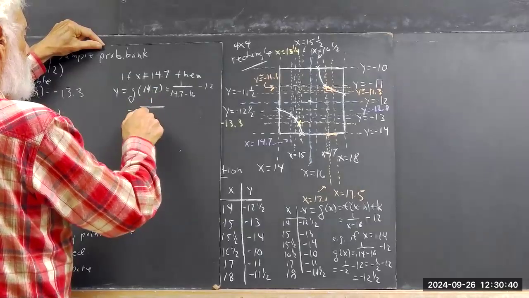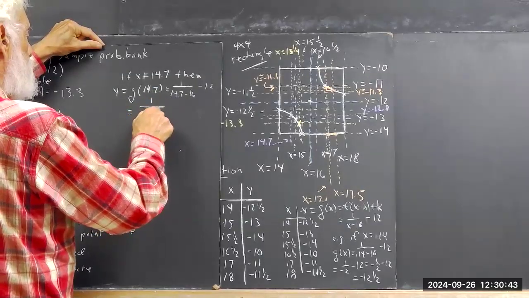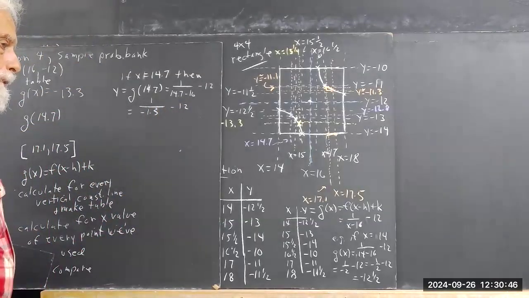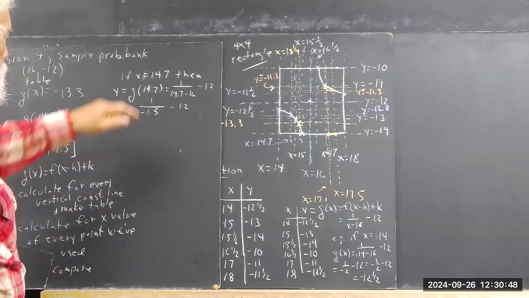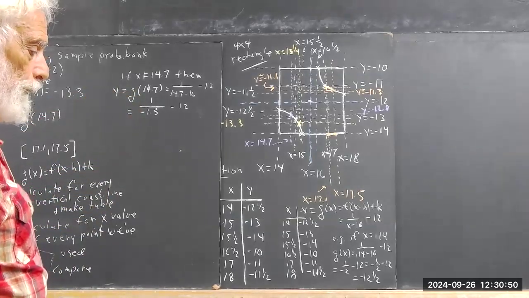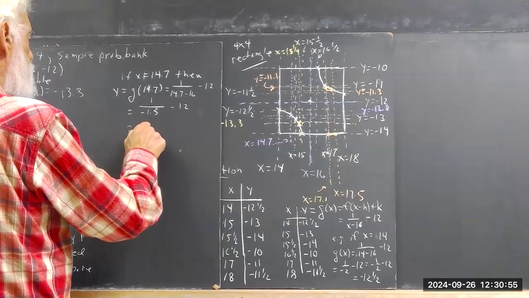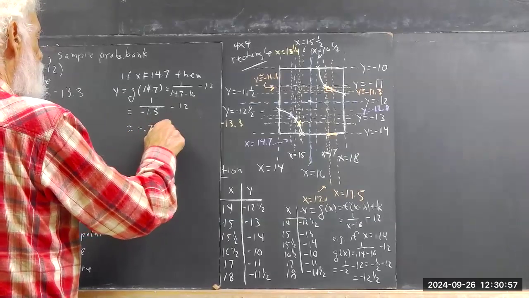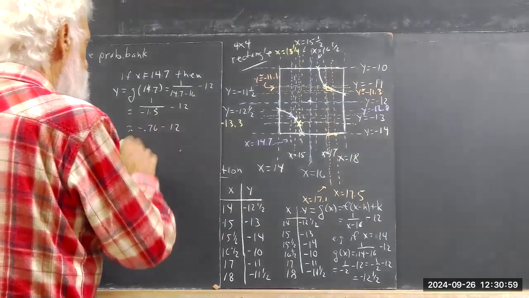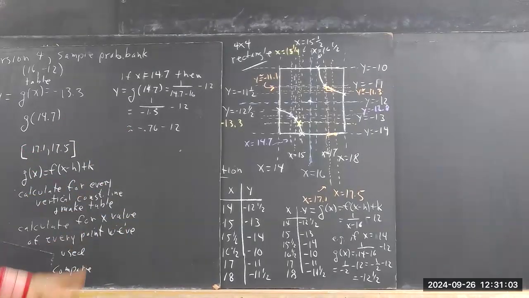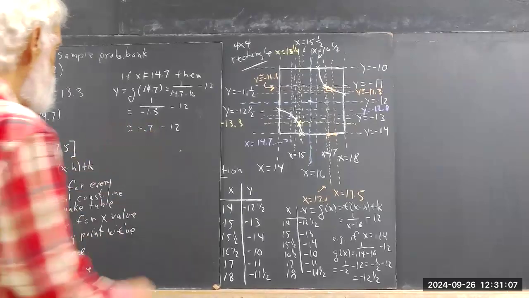That's 1 over negative 1.3 minus 12. Now, what's the reciprocal of 1.3? It's about, I'm just estimating because 7 times 13 is 91, 8 times 13 is 104. So actually, I'm going to call that 77.